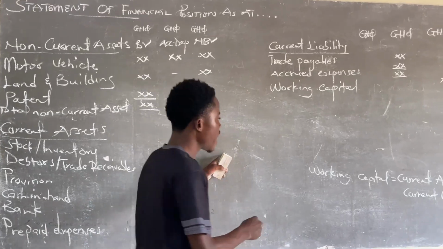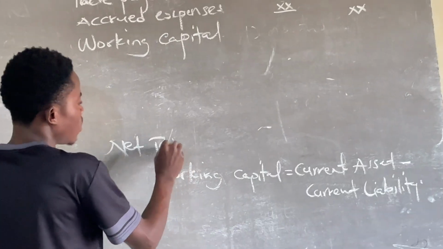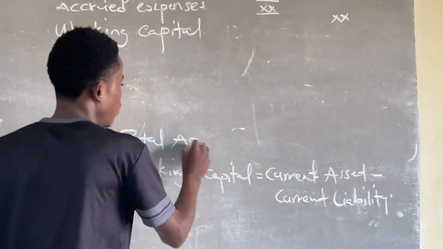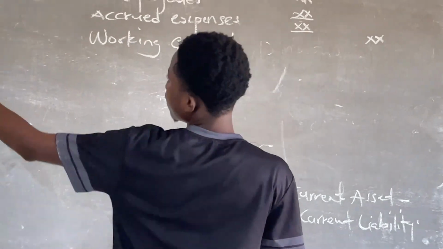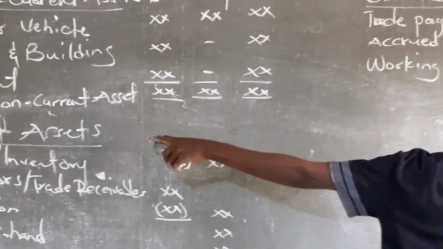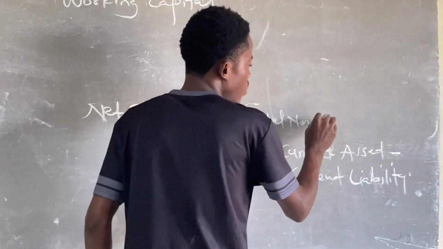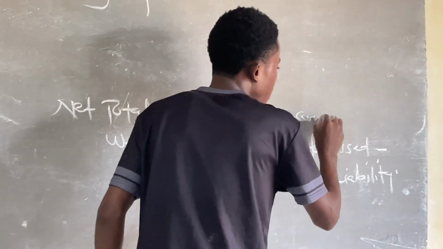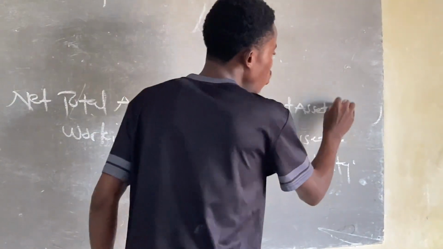So for you to get your net total asset, you add your total non-current asset to your what?